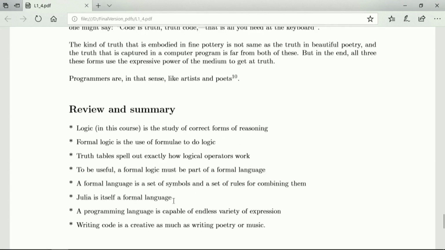And all of this means that Julia itself is a formal language. It's just that it's a formal language for interacting with a computer. A programming language is capable of endless variety of expression, and writing code is as creative as writing poetry or music.